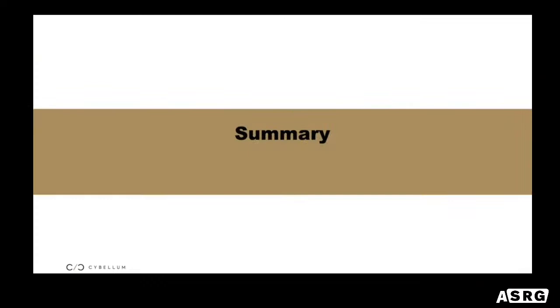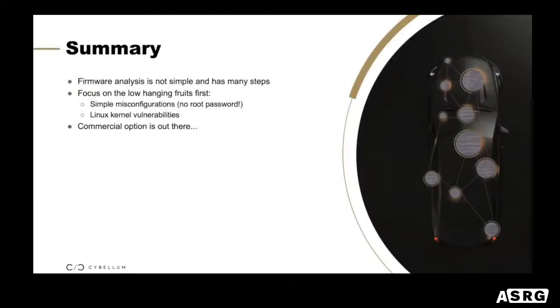So to summarize, I've shown you today how firmware analysis is not a simple process, and that it has many steps and obstacles on the way. It is quite challenging. However, I do want to point out that it's recommended to focus on the low-hanging fruits first, the simple things that are easy to identify and also easy to fix.